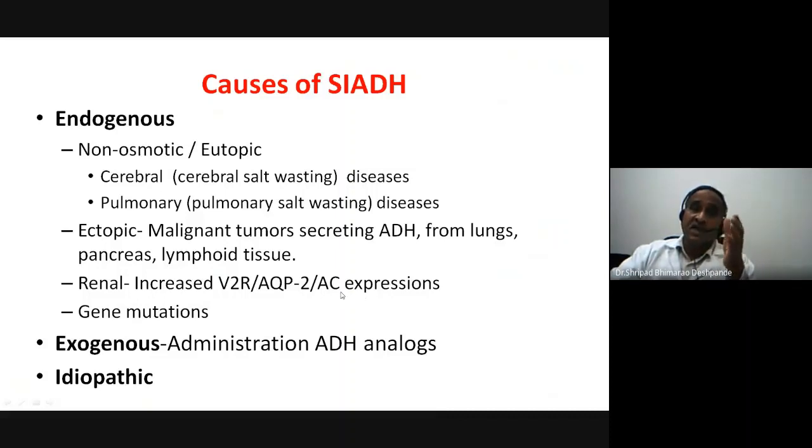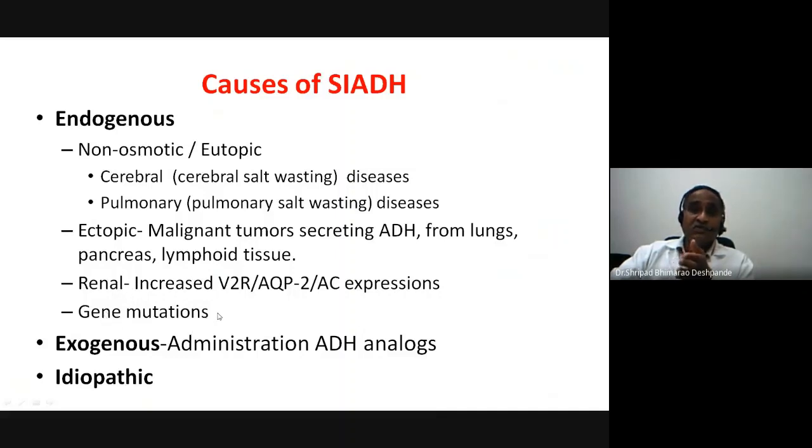That means adenylate cyclase, cyclic AMP, protein kinase C, all the signaling pathways involved are upregulated, and they may produce that super sensitivity. These are the causes present in the kidney.